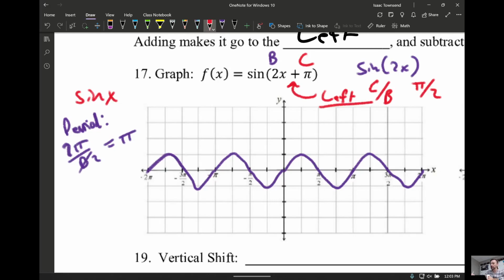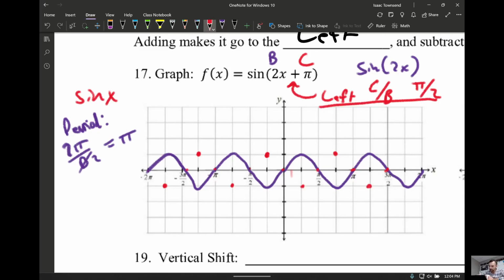So I want to go left pi over 2. That's 2 of these tick marks in this question. So I could take this point and go left 2 tick marks, it's off the graph. I could take this point and go left 2, and this point and left 2, and this point left pi over 2, and this point left pi over 2, and I can just do that to every single point, including these, but they just land on each other.